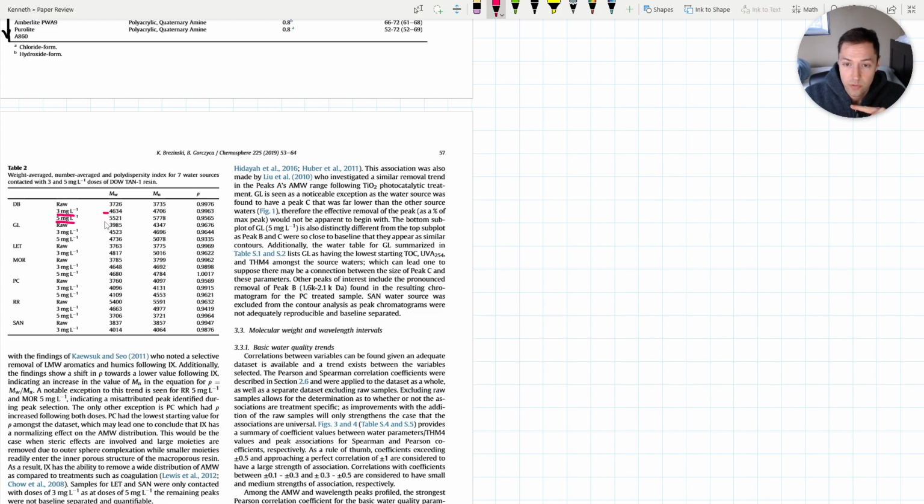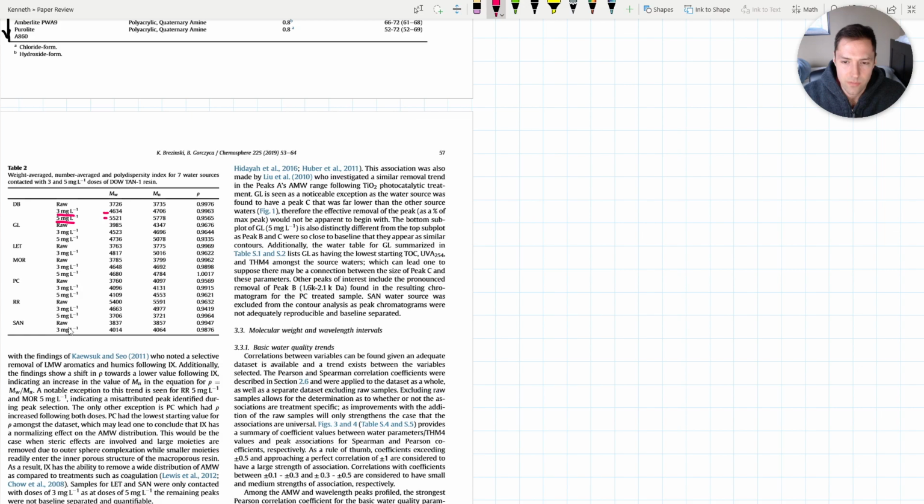So this goes from 4,6 to 5,5. What that tells us is we're removing a lot of the lower molecular weight compounds, leaving only higher molecular weight. And also, if we notice that the disinfection byproducts drastically decrease, that tells us that the lower molecular weight of the distribution is mainly what is contributing to the disinfection byproducts. So that's very interesting for us to know.